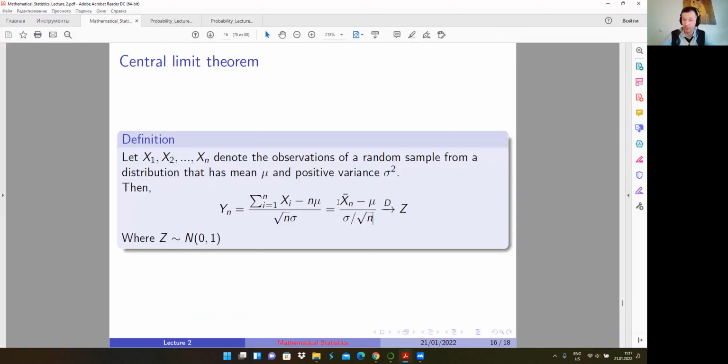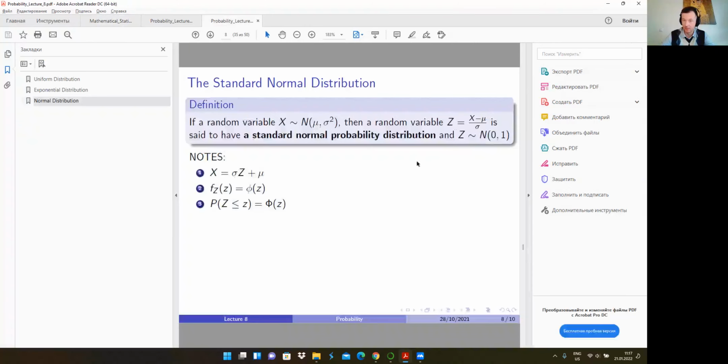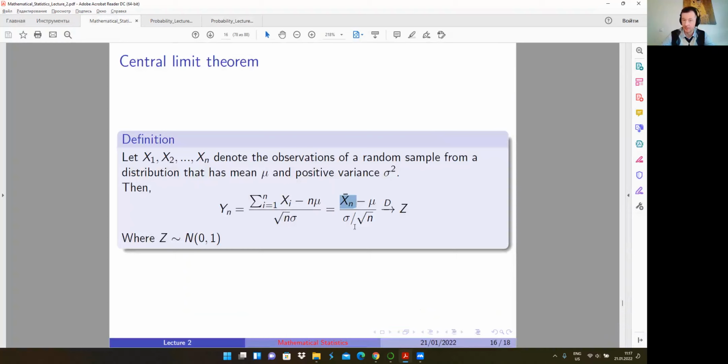Because whenever I want to normalize this value, look, it's not X, it's X bar. Here, compare this. So the variance of this X bar is sigma squared over n. Therefore, when I take the square root, it's going to be sigma over square root of n. And this is just multiplied by n.